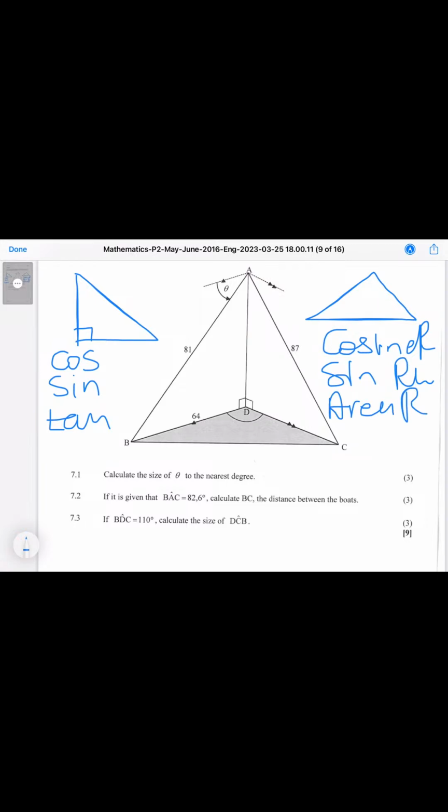So the triangle that we are looking at, is it a right-angled triangle or is it just a triangle which is not right-angled? Let's see. You realize that this triangle is not a right-angled triangle. Therefore, you need to use either the cosine or the sine rule.